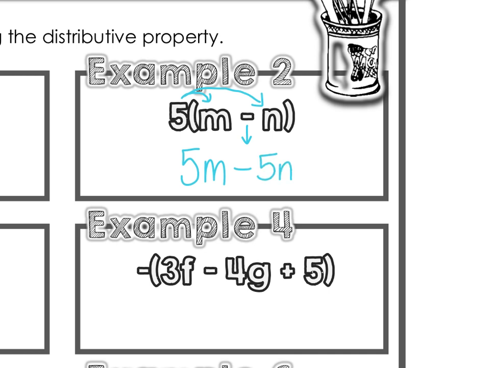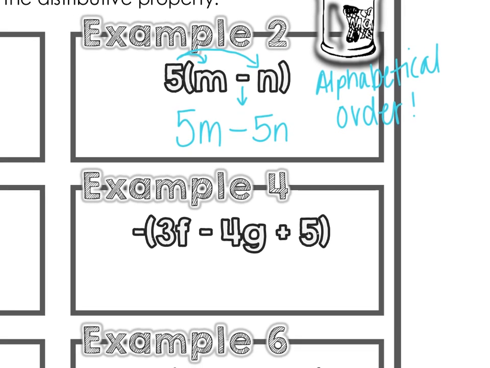Something to keep in mind when you are writing or simplifying expressions is that you simplify them the best that you can. So even after you distribute, you still might have to combine like terms, and your variables need to be in alphabetical order.